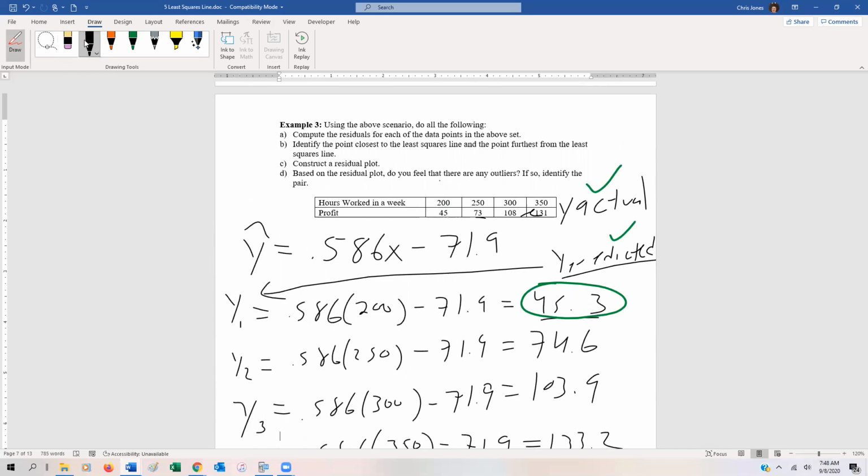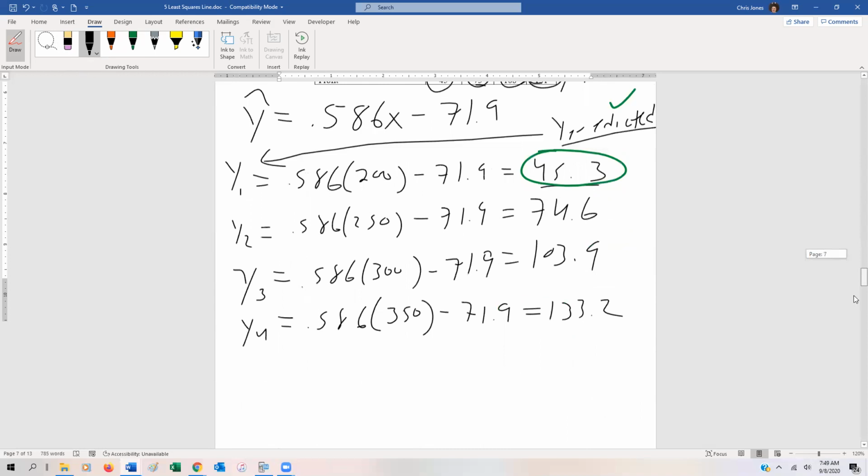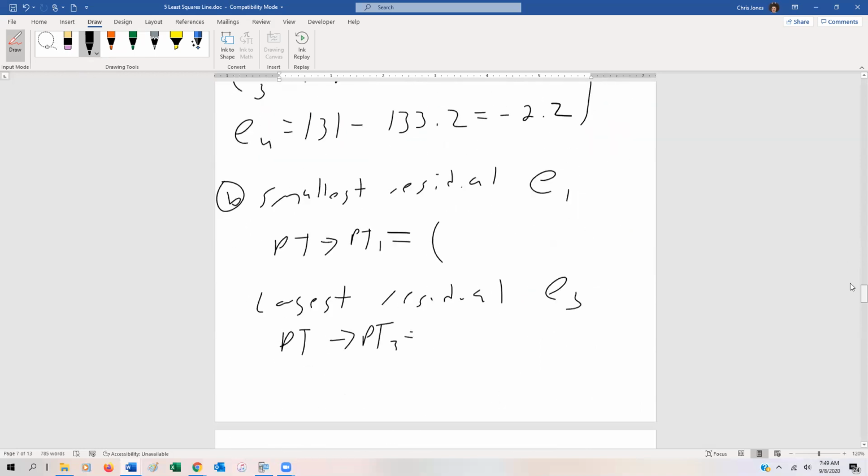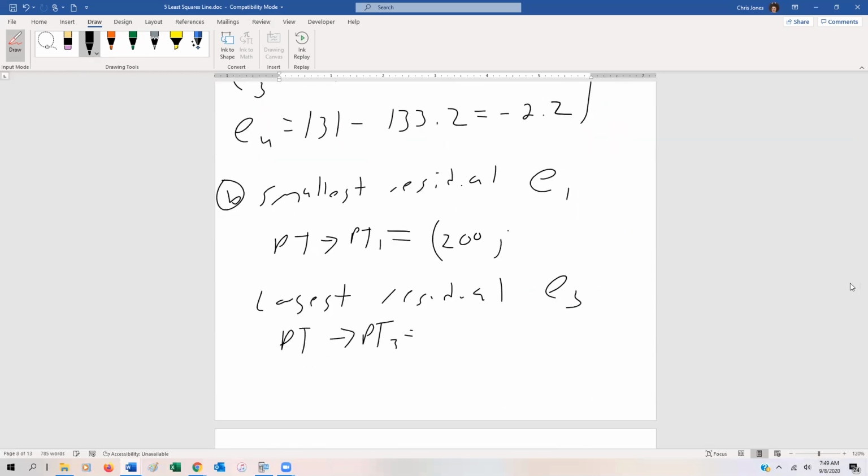So it's an ordered pair just like in algebra. So this is point 1, this is point 2, this is point 3, and this is point 4. So the point that's going to be closest to the least squares line is 200 comma 45. That's closest.